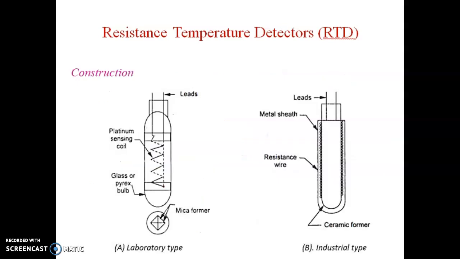The RTDs are available in two types. One is the laboratory type. In this case, we are using a platinum wire sensing coil, wound around a square-shaped mica former. Two copper leads are connected to this wire, and these copper leads are connected to the measuring and sensing circuits.